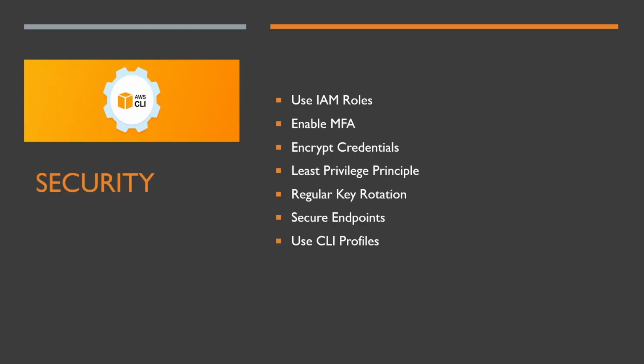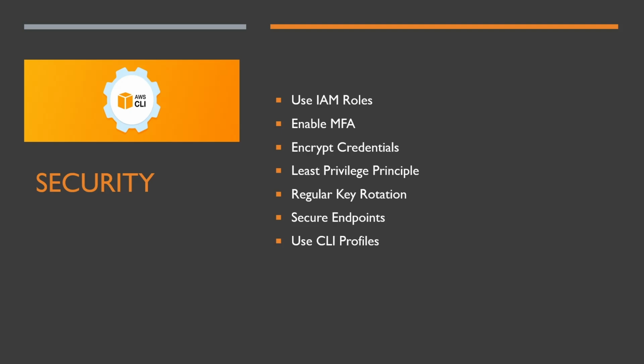Now, securing the command line is very important. Why? Because, of course, it allows you to access all of the things that you require within the AWS environment. So one of the things you want to bear in mind is you want to use IAM roles.